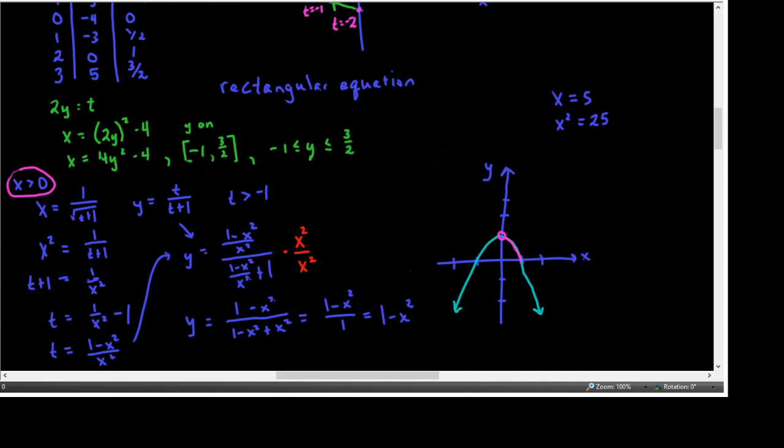Now, I didn't want to put an arrowhead because that would imply a direction of movement. The rectangular equation has that there, but this doesn't. So we don't know which way it's going. But it follows that light blue path, but we don't know if it's going down and right or up and left.